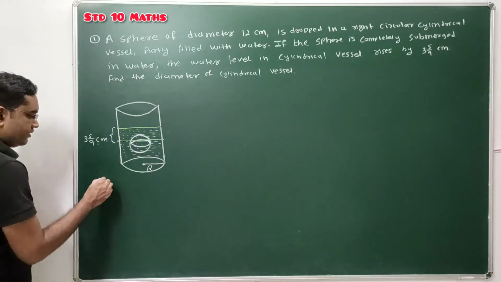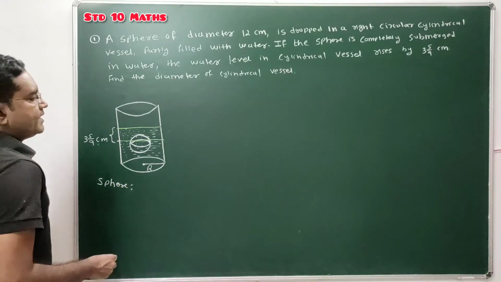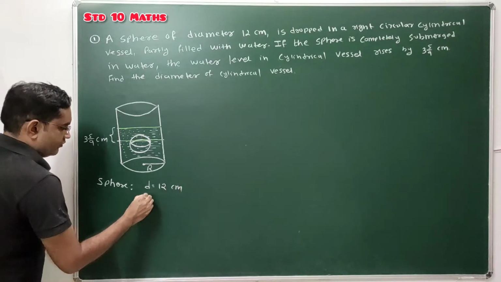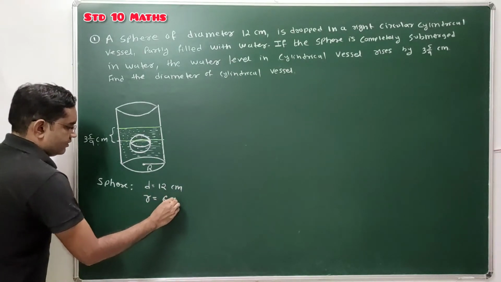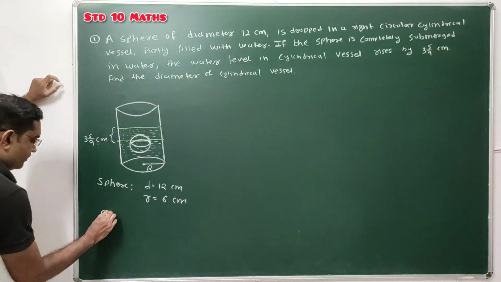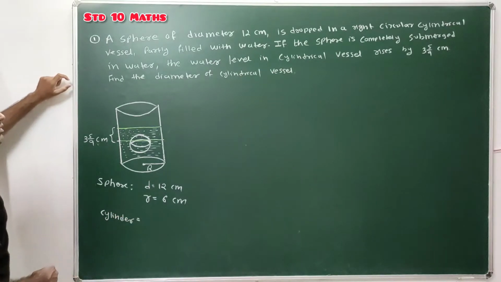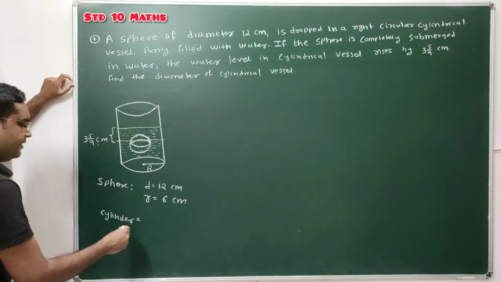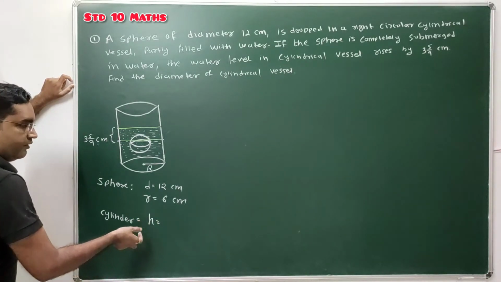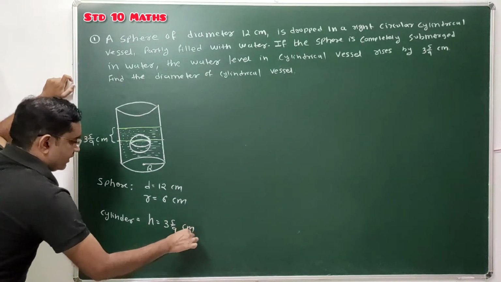So here the sphere is there and the cylindrical vessel is there. For the sphere, diameter is small d equal to 12 centimeter, so we can consider the radius of the sphere as 6 centimeter. And for the cylinder, consider this height h, that is the increase in water level, that is 3 integer 5/9 centimeter.